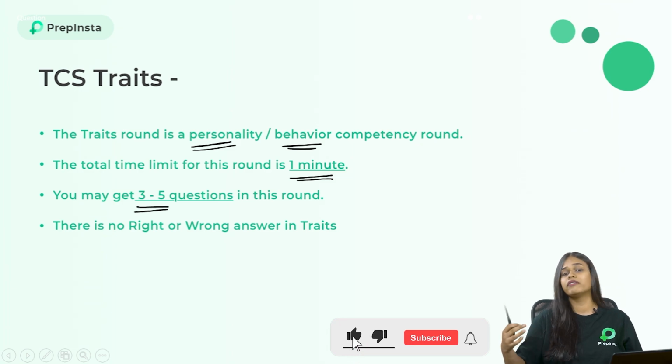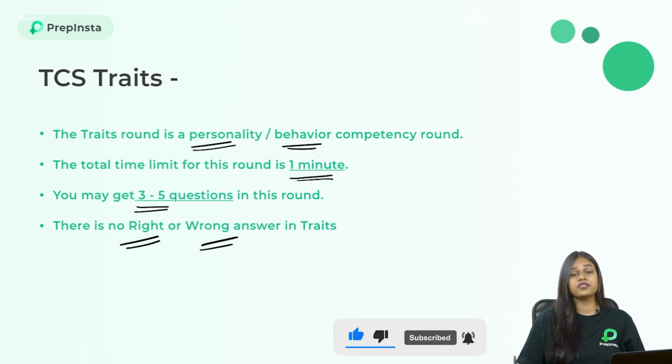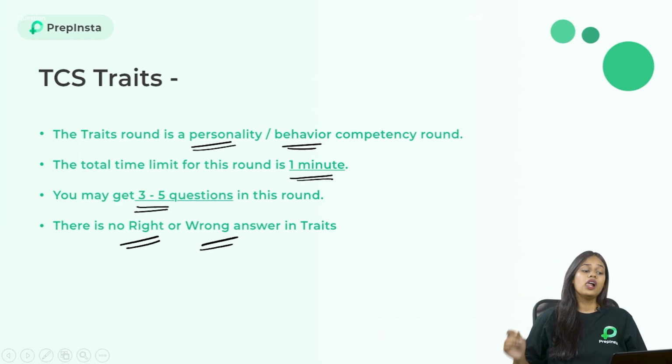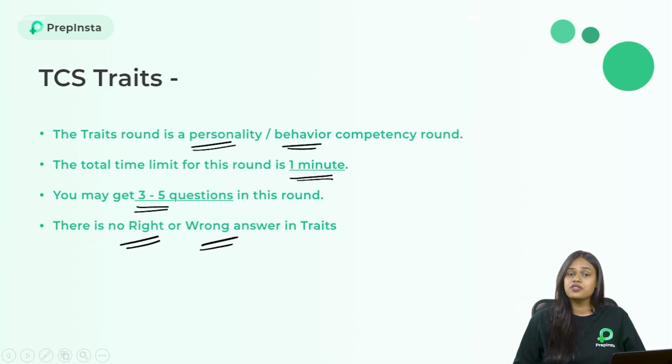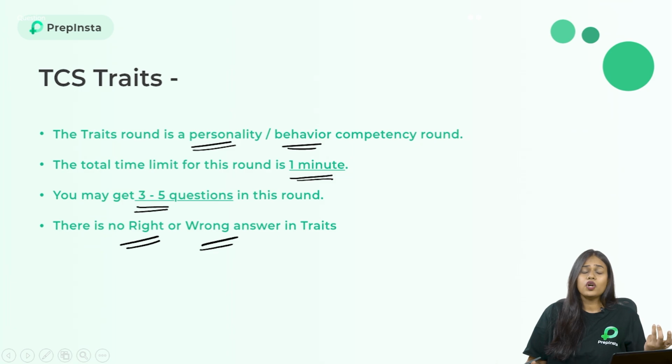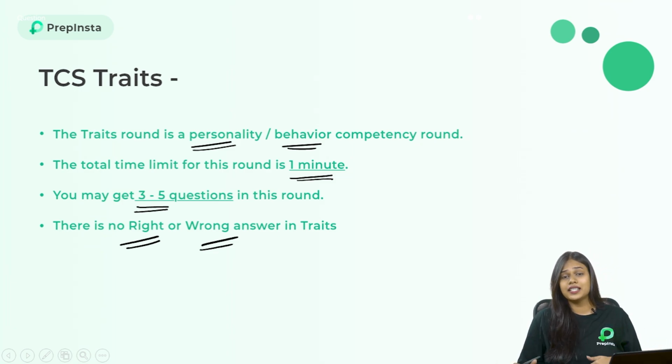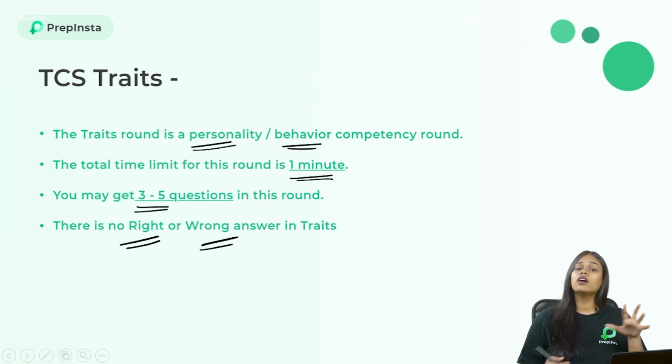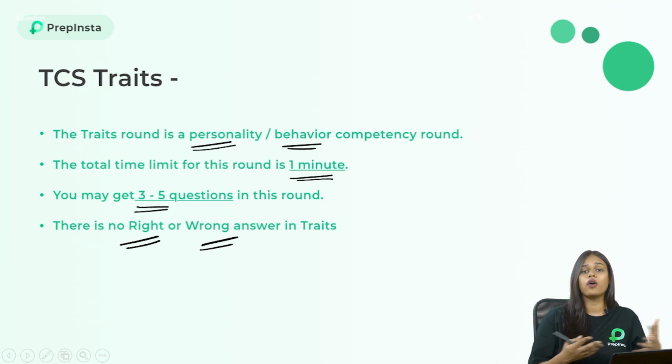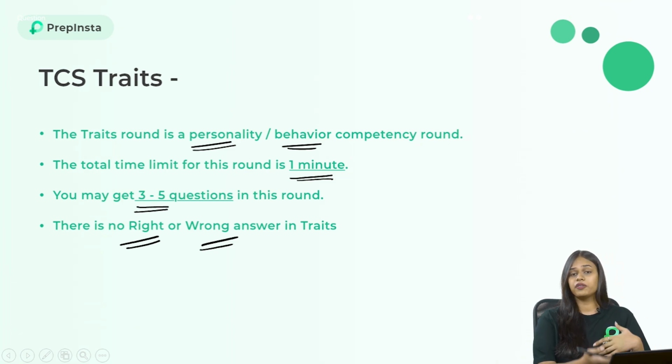It's not going to be very difficult, and there is no right or wrong answer in traits. Now this is very important. When we're talking about personality test questions, there is no right or wrong answer. The questions are based on your personality, and the answers that you provide are going to show what kind of personality you carry, whether you are suitable or appropriate for this position or not.